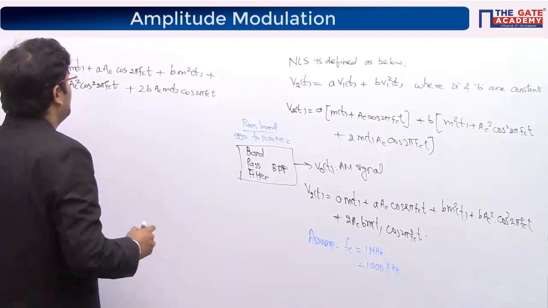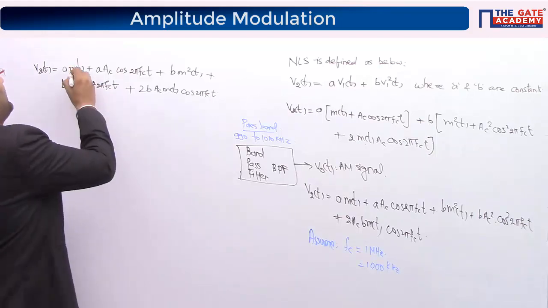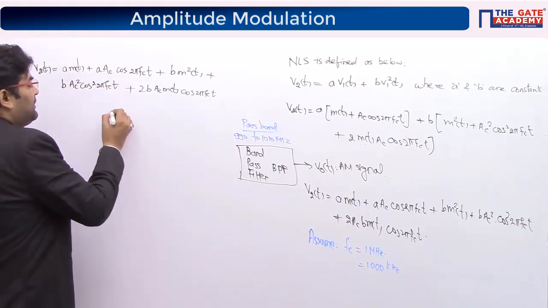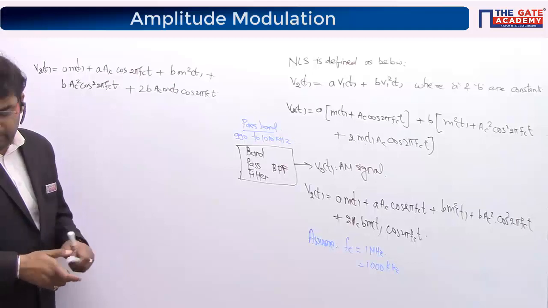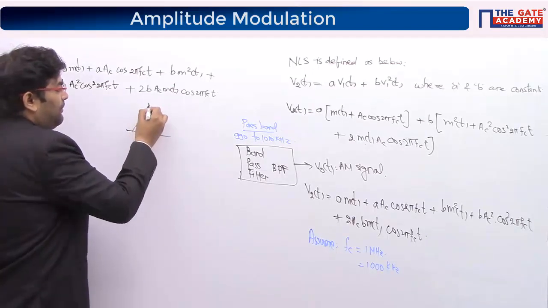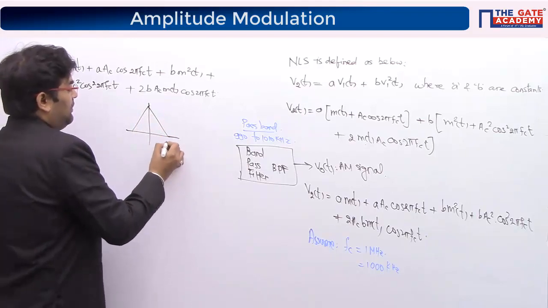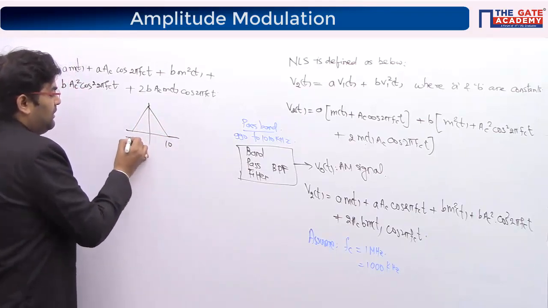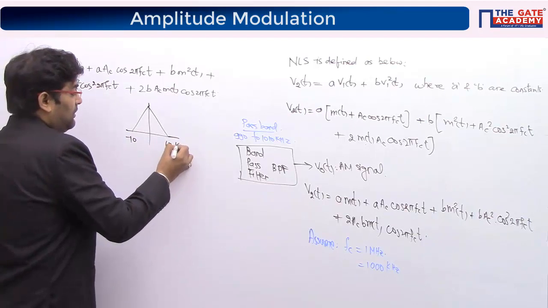Now we know that m(t) is our own ideal thing. So the m(t) spectrum is something like this, from minus 10 kilohertz to 10 kilohertz.